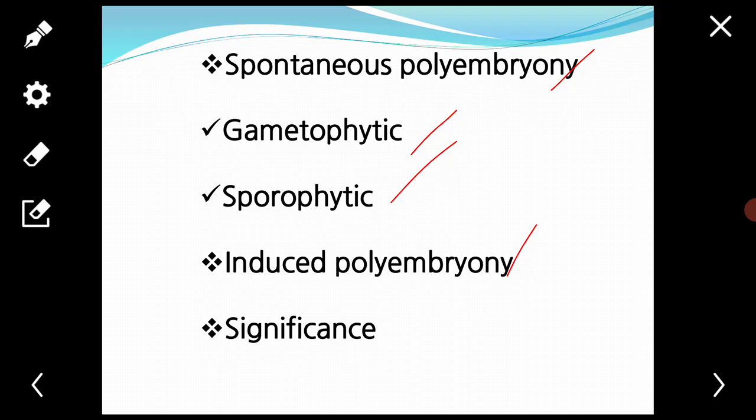The nucellar seedlings of citrus provide better clones than cuttings. It is reported that cuttings from the lateral roots and nucellar seedlings develop a better root system, that is the tap root.